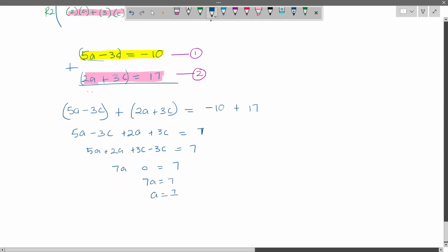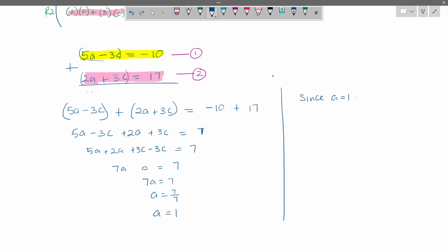So A will be 7 over 7. A is 1. Now that I know that A is 1, I just write it on the side here, right? Since A is equal to 1, then I could take any one of these equations. So let's say I'm taking this one. Then 2A plus 3C will be 2 by 1 plus 3C is equal to 17.